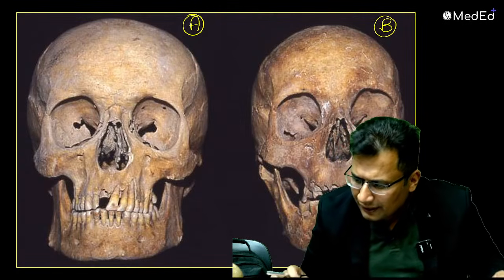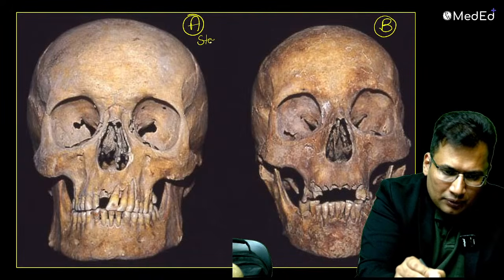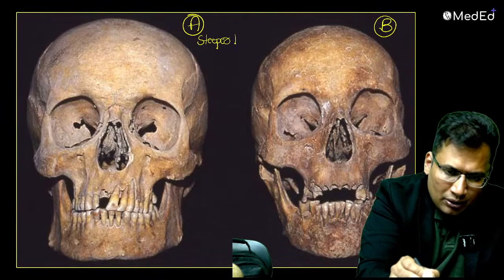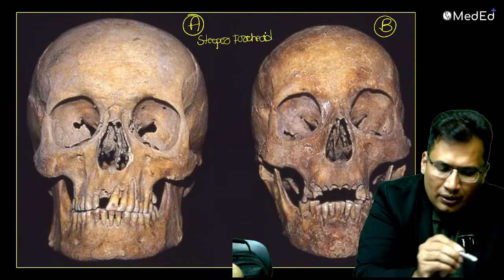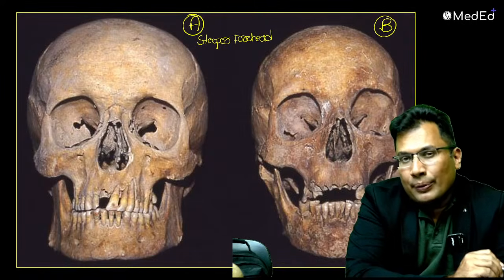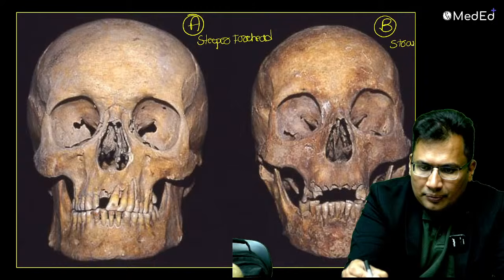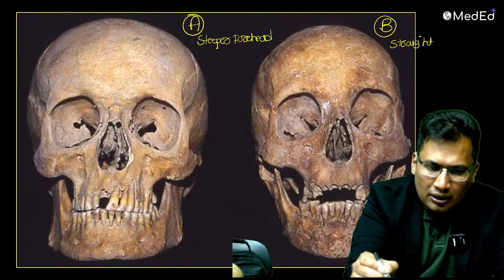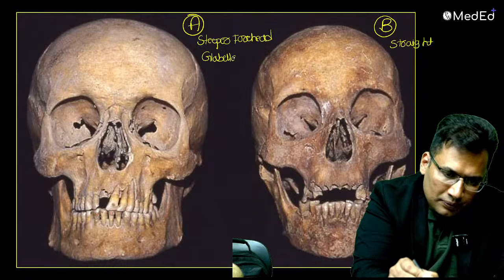So here, steeper forehead, or we can say steeper frontal bone. Here it is straight. Point number 1: glabella is prominent, or glabella is angulated.